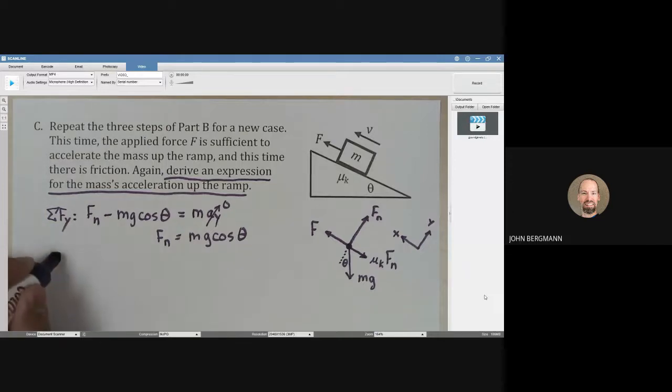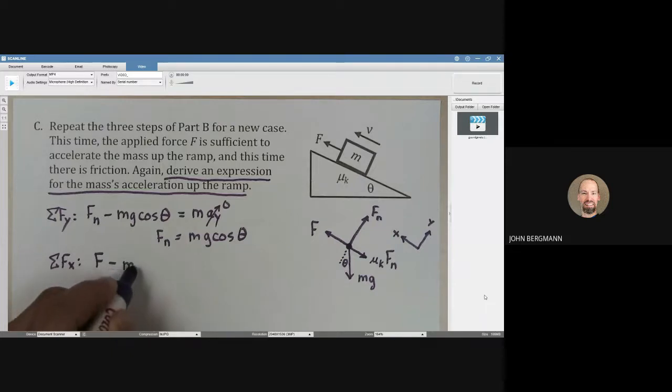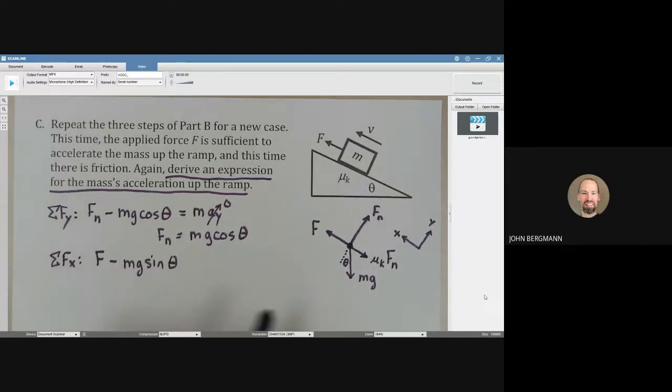All right, let's write Newton's second law in the x direction. I'm choosing up the plane to be positive, so applied force F minus mg sine theta. That's the little bit, I'm not going to draw it in, but you see where my marker is, right there.